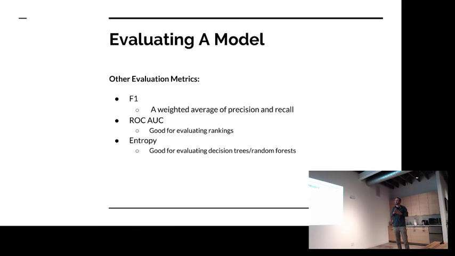For search engines, it rewards the program for pushing relevant recommendations to the top of the ranking, as opposed to randomly dispersing them in your ranking. And then entropy is good for certain models like decision trees and random forests, and other stuff like that.